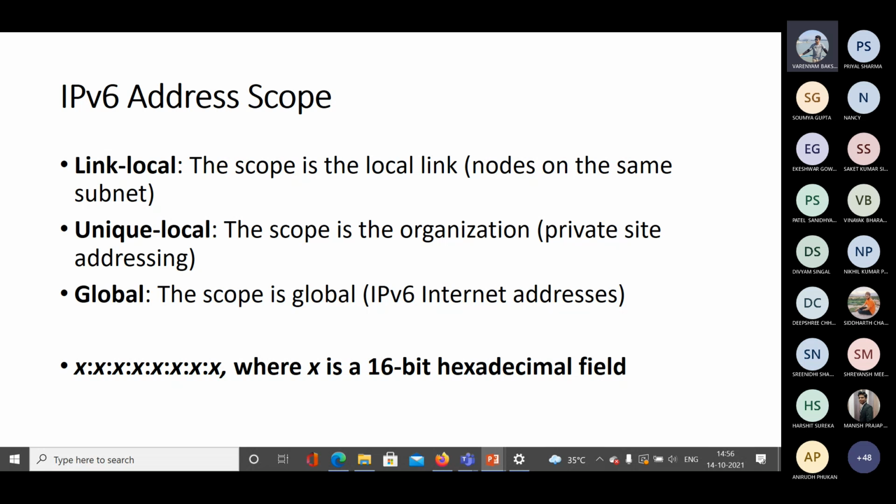But the last thing that I want to teach right now is that IPv6 addresses are represented by 16-bit hexadecimal fields. Each of these X is a 16-bit hexadecimal field, and you have a total of 128 bits of address.